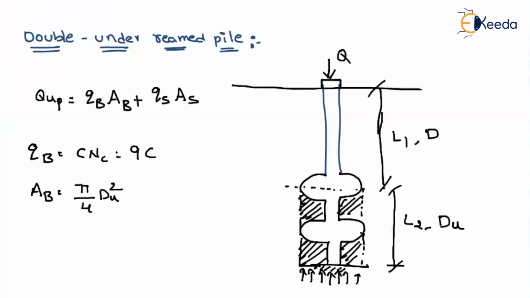Then what about the frictional resistance? The frictional resistance in the portion L1 will act on the original pile diameter capital D. But after the length L1, the pile will behave like this. So here we have to consider it over the length L1 and over the length L2.